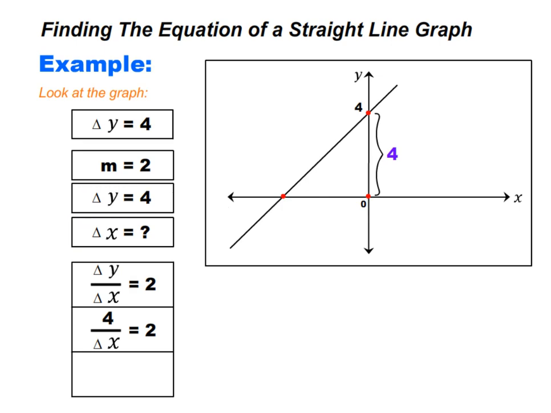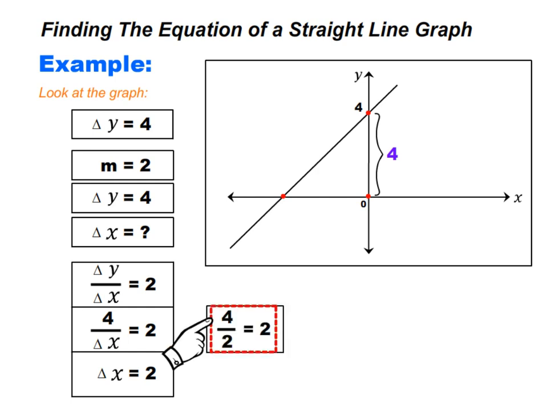So far we have 4 over delta x is equal to 2. Ask yourself, which number must be divided into 4 to give us 2? That number is 2. So delta x is equal to 2. This is true because 4 over 2 is equal to 2.